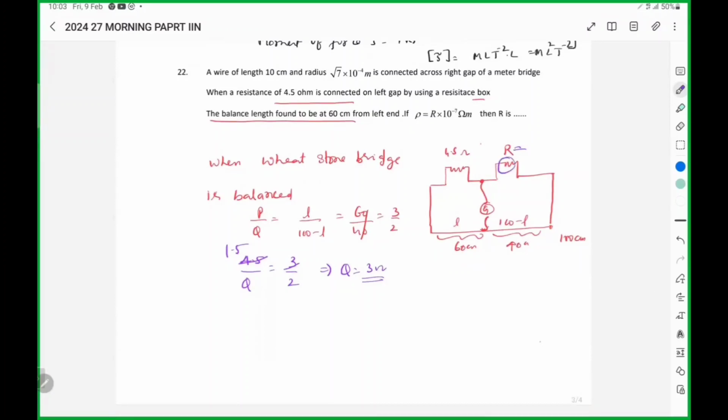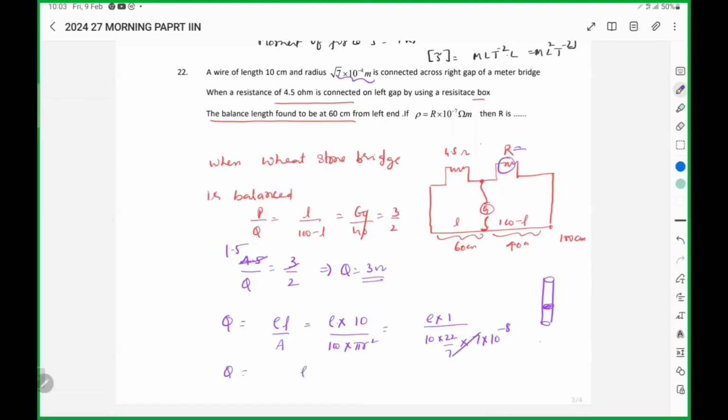So the resistance of this wire, which is Q, can be calculated by using specific resistance. Length of the wire is 10 centimeter. The wire is of cylindrical shape, so cross sectional area is a circle area, pi r square. Pi here is 22 by 7. Radius is given, r square is 7 into 10 power minus 8.